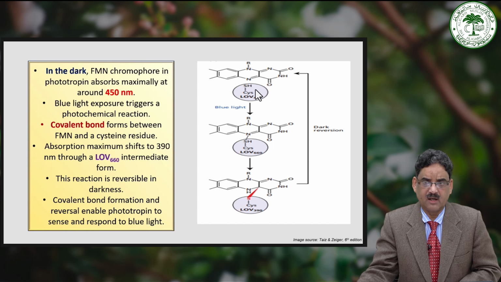The covalent bond formed during blue light exposure allows phototropin to sense and respond to the light stimuli, while the reversibility in the absence of light enables the protein to return to its original state.